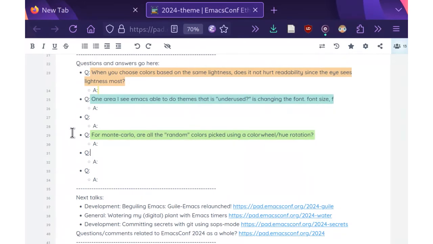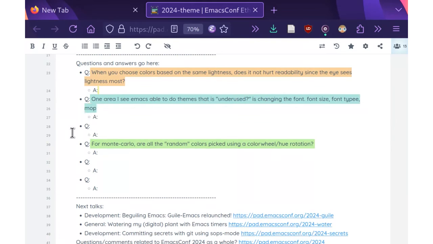That's a parameter that I can play with, the range of lightness and saturation. Once those are fixed, the colors are picked by angles in the color wheel, or hue rotation, as you would put it. So yes, that's roughly the process.